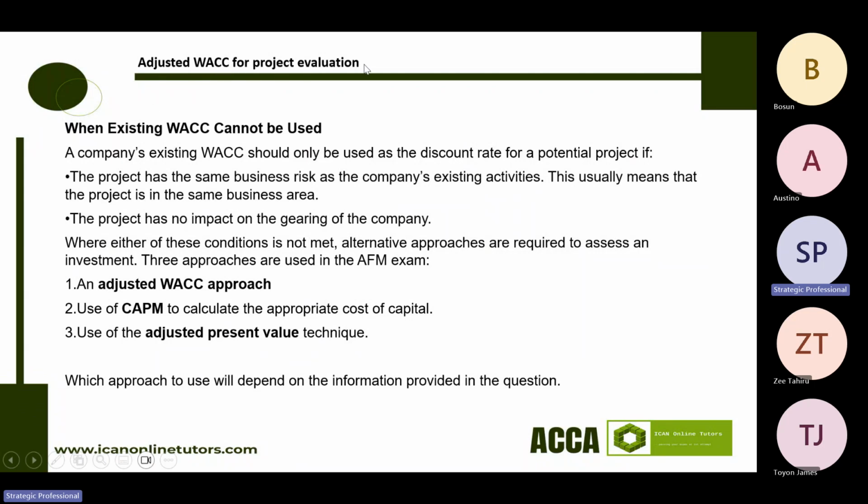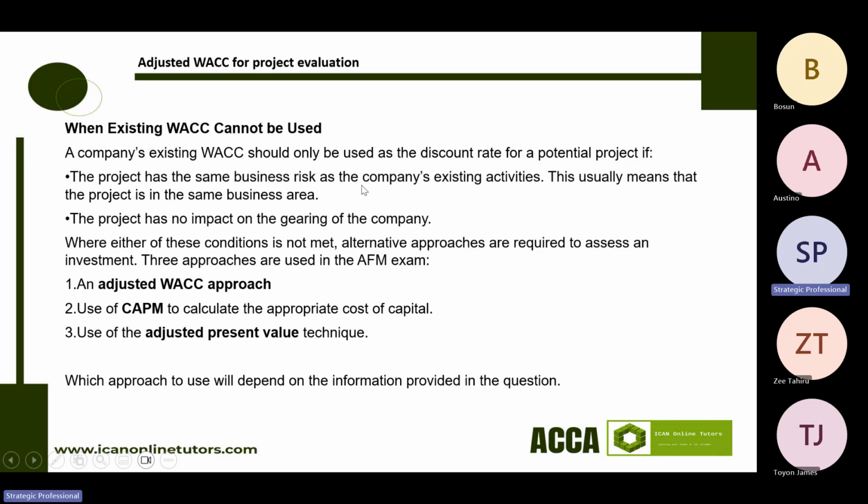Adjusting WACC for project evaluation, and I'll read it. It says when the existing WACC cannot be used, a company's existing WACC should only be used as a discount rate for a potential project if the project has the same business risk as the company's existing activities, which I've said earlier.